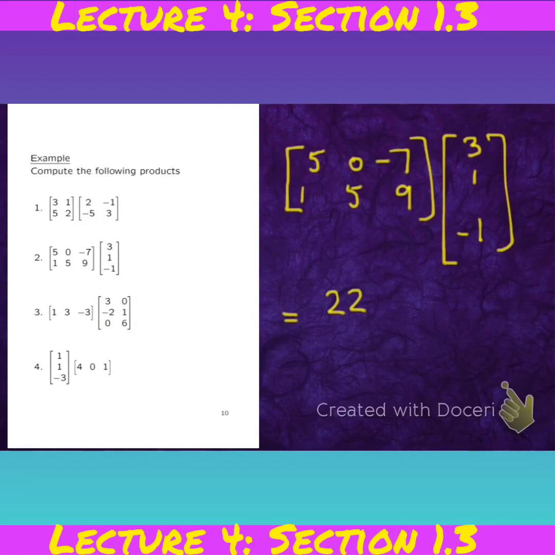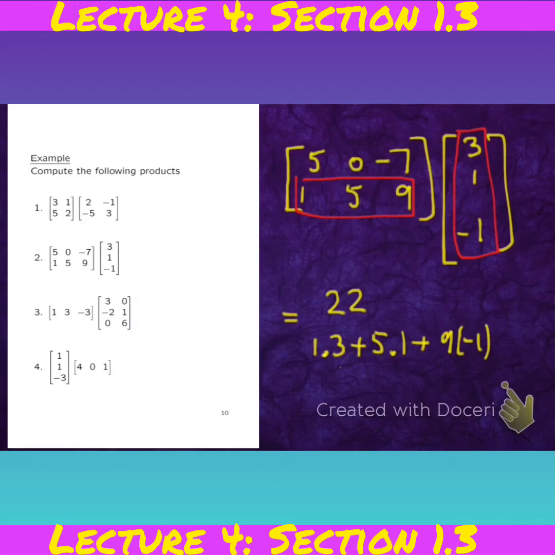Okay, then the second entry we're going to look at, we are going to take the second row and multiply it with the first column. I'm going to dot product it. So that again is going to be 1 times 3 plus 5 times 1 plus 9 times minus 1.